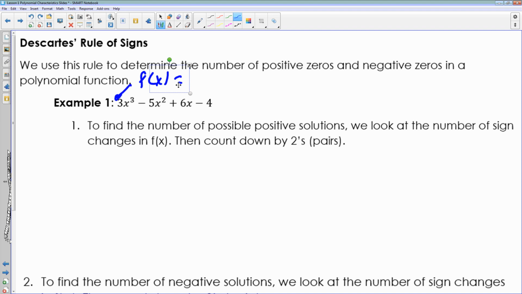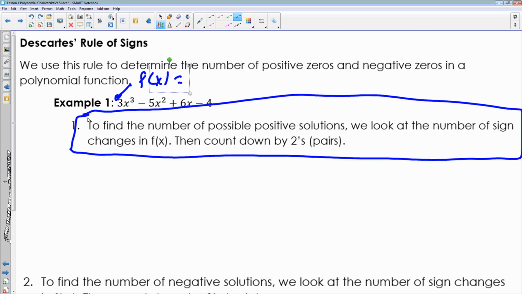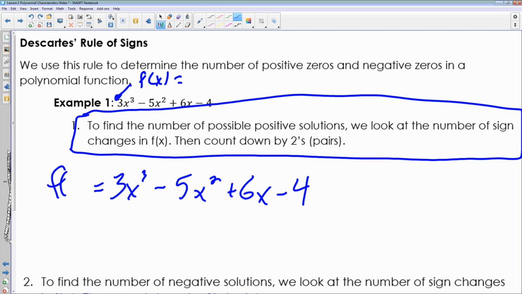All right, so to find the number of possible positive solutions, we're going to look at the number of sign changes in that function f of x, and then we're going to count down by 2's. So you start with a positive. I'm just rewriting the problem real quick. And again, I should put f of x out front. So this is positive, minus 5x squared, so that's negative, positive, then negative.